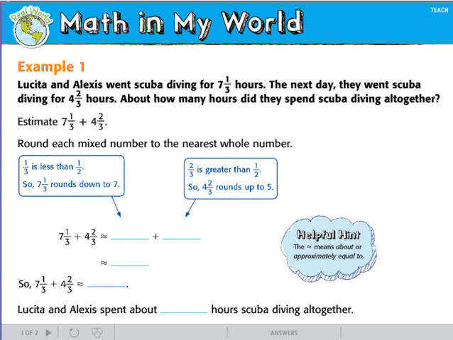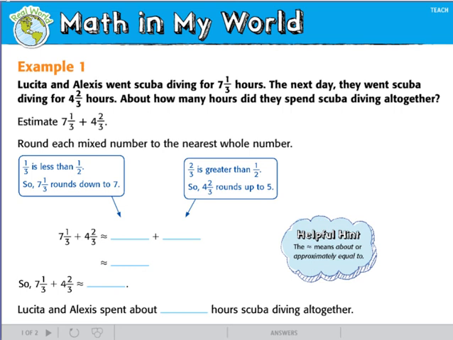And then when you get back, you can get one of those things too. Okay. So, it says Lucita and Alexis went scuba diving for 7 1/3 hours. The next day they went scuba diving for 4 2/3 hours. About how many hours did they spend scuba diving altogether?